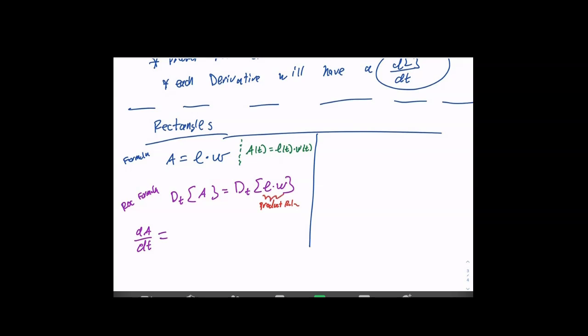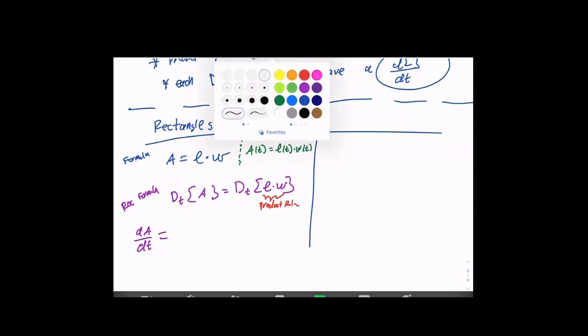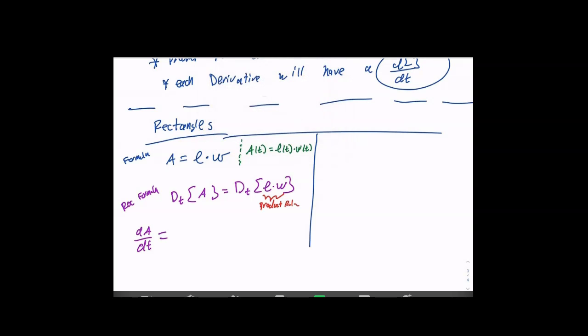The product rule says we have the derivative of the first part, our u, which in this case is L, and our v, which in this case is W. We get the derivative of the first, so it's the derivative of L. How do we write the derivative of L with respect to t?